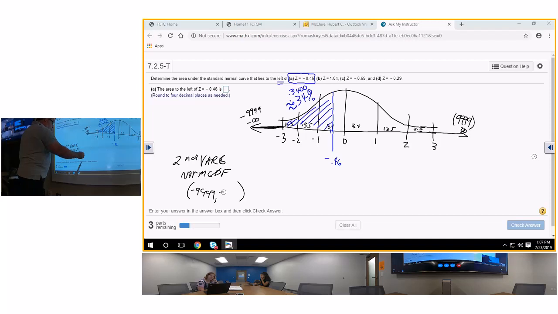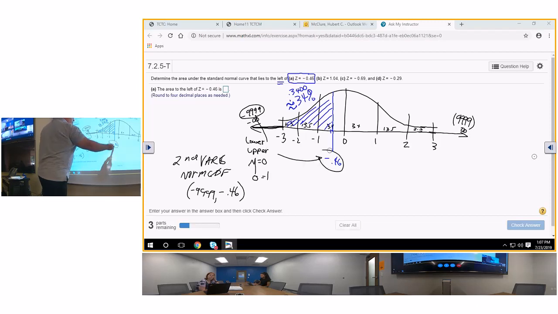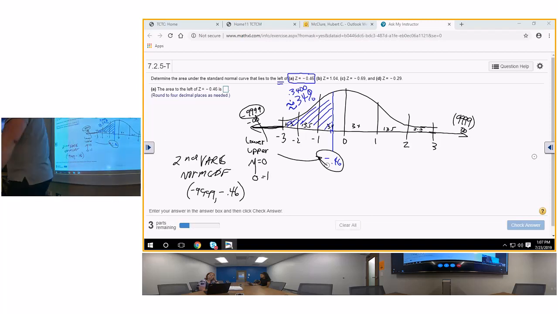No, negative point what? 46. Okay, now if you got a new calculator, you say mean is equal to 0, standard deviation is equal to 1. Lower parameter, since we read from left to right, is negative 9999. Upper parameter is, and somebody give me the total with 4 decimal places, and I'll type them in.